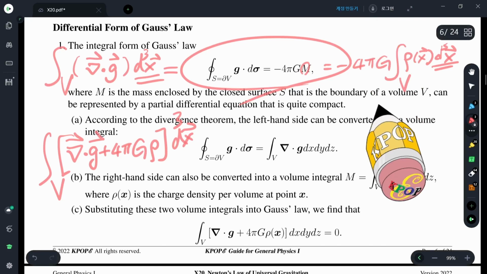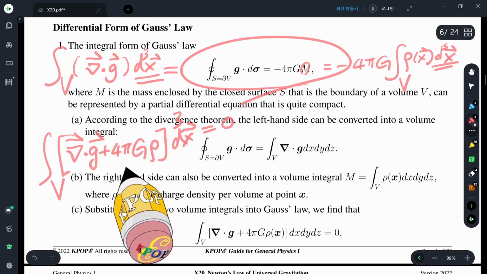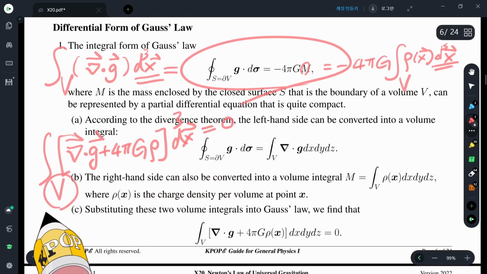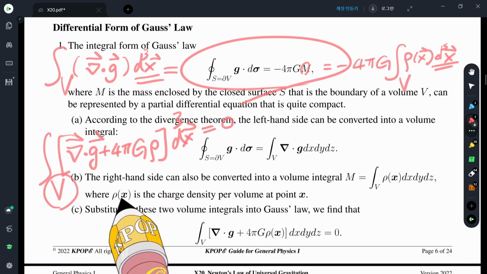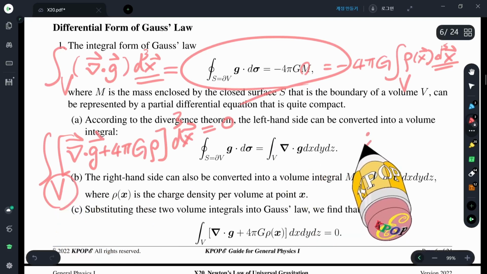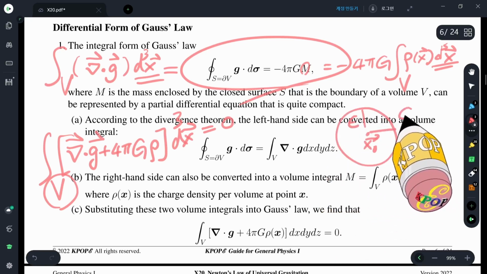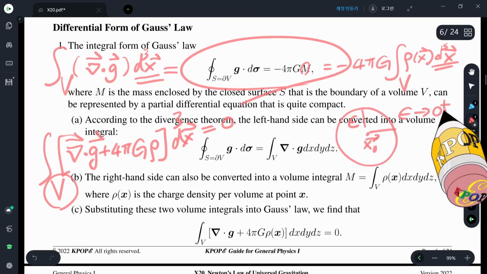Because it is always zero, regardless of choice of the volume, we can take a very small tiny volume centered at some point x0 with the radius epsilon, and epsilon goes to 0 plus.